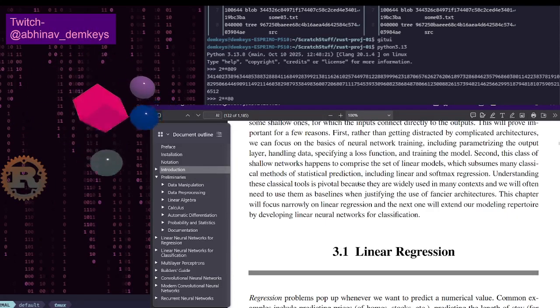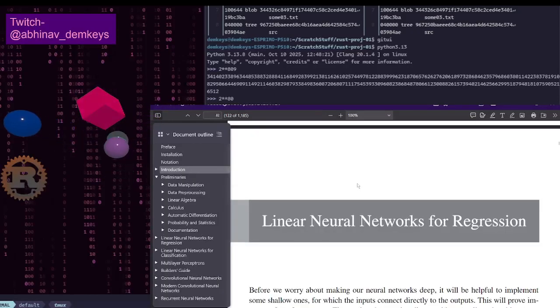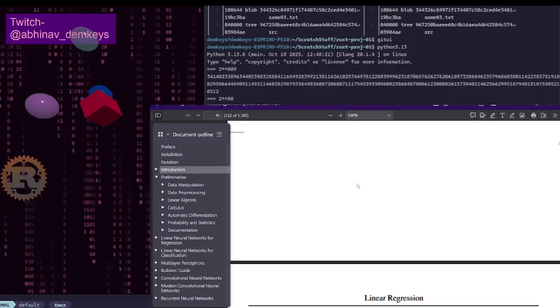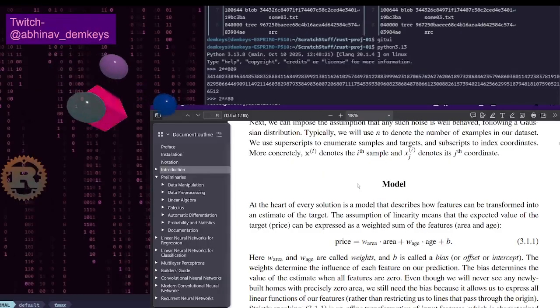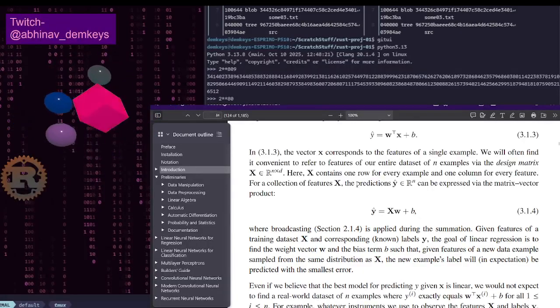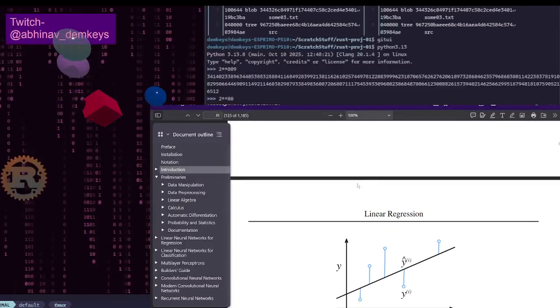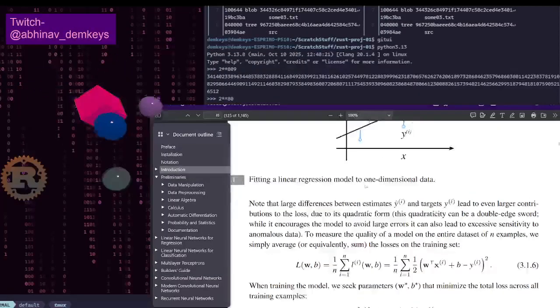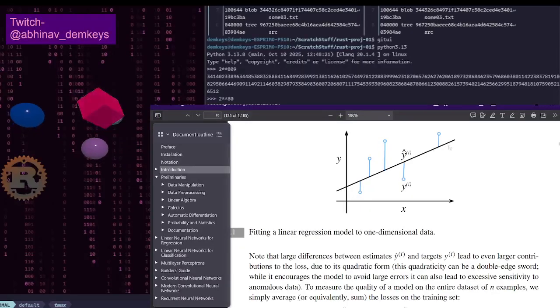Linear neural networks for regression. Okay, cool. So I guess we're going to be using a neural network to predict this. Is that what I'm getting? Yeah, I think so. We're going to be using a neural network to predict the line.